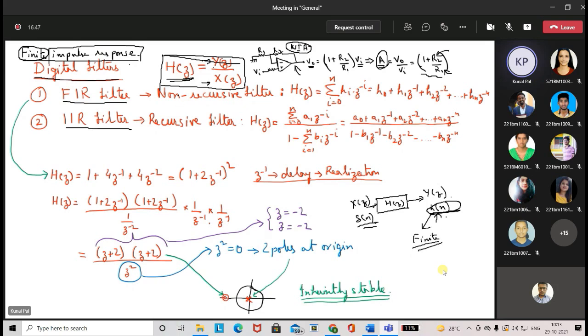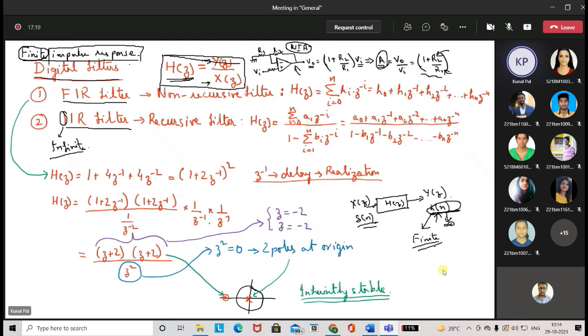Whereas when we talk about the IIR filter, the initial I stands for infinite. In IIR filters, these h(n) values will have an infinite number of values.